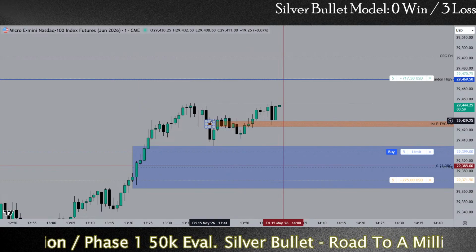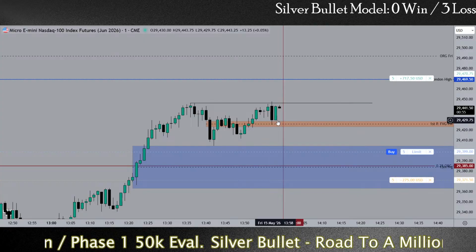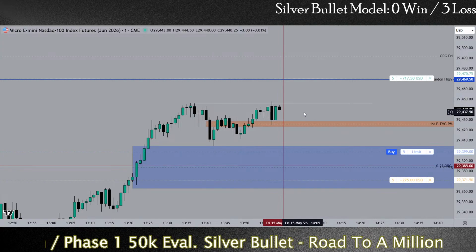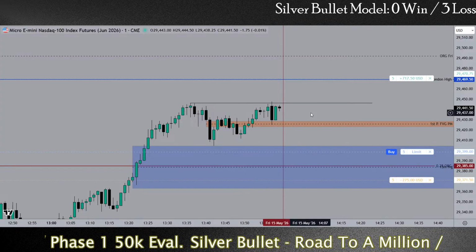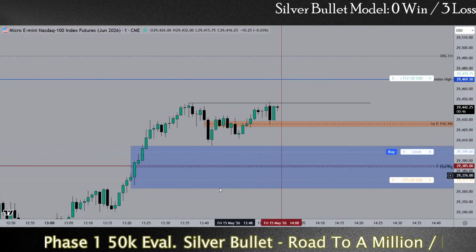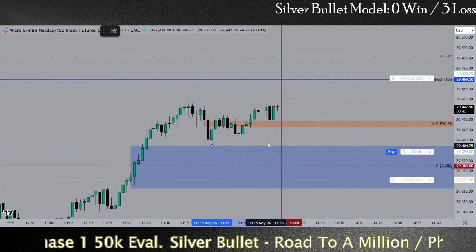And it actually works as an inversion fair value gap right now. We tapped into it. So yeah, the sell side on the near term resides here below this low.